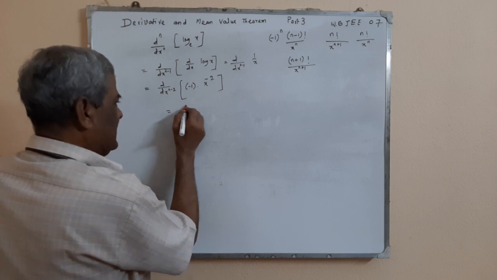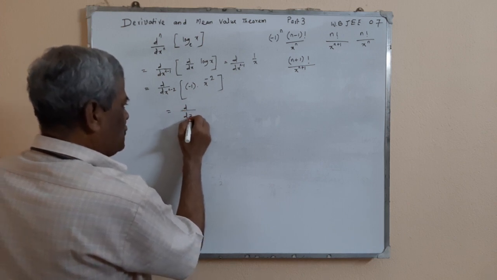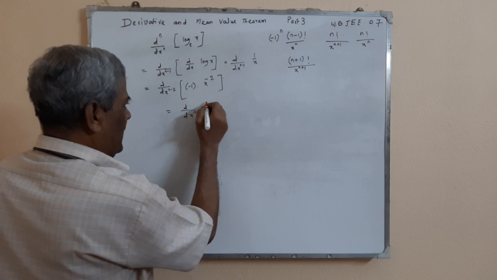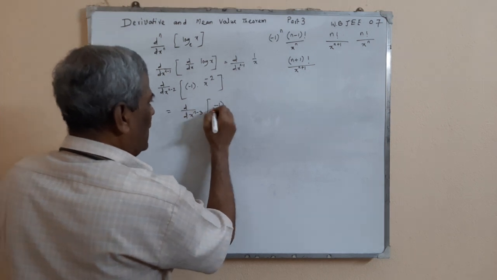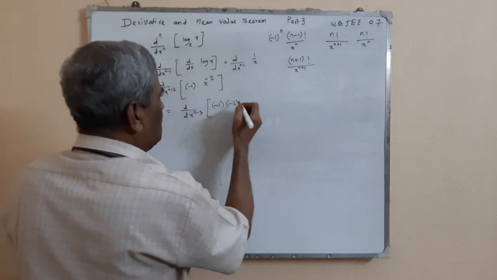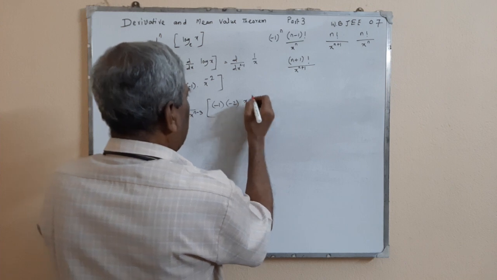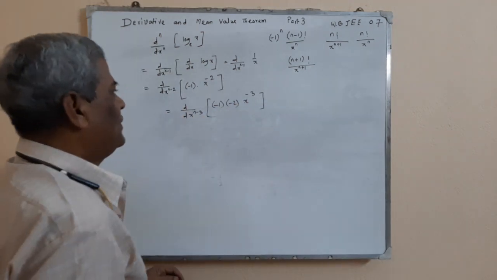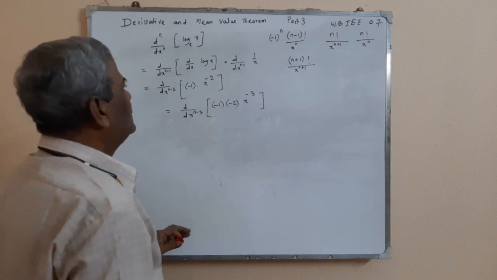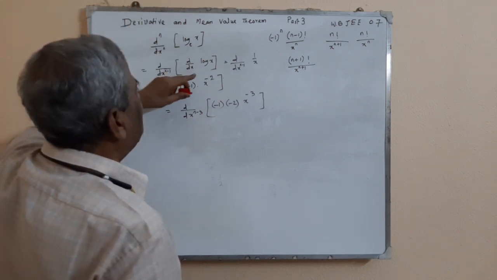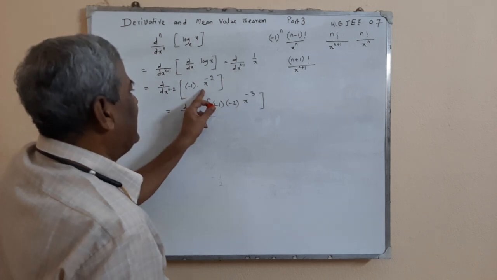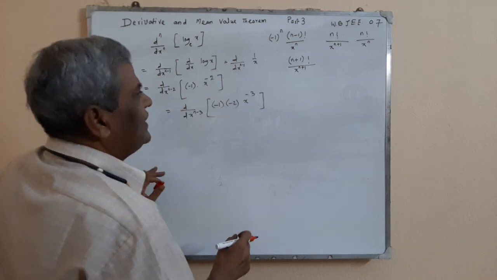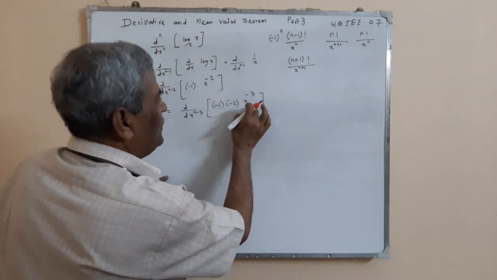Continuing this process, d^(n minus 3) by dx^(n minus 3) into minus 1 into minus 2 into x to the power minus 3. This is differentiated first time, second time, this is third time. In the third time, it is equal to that.